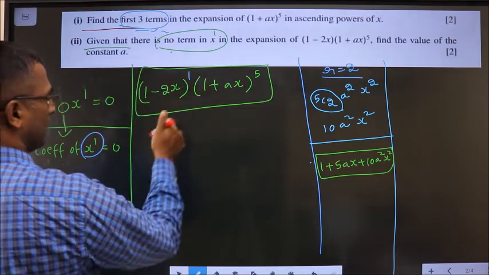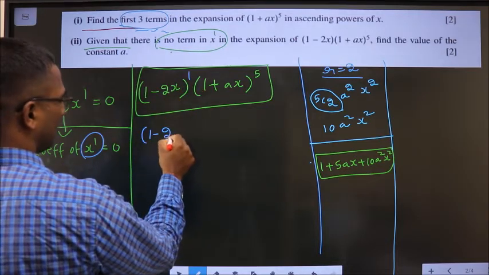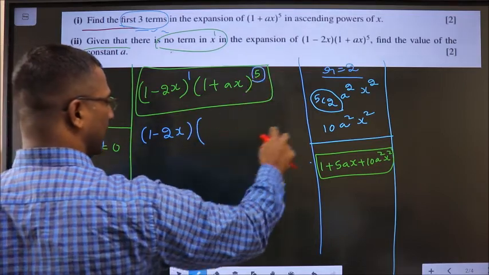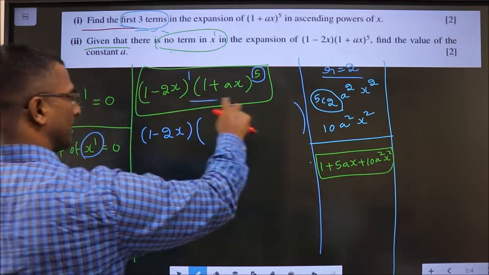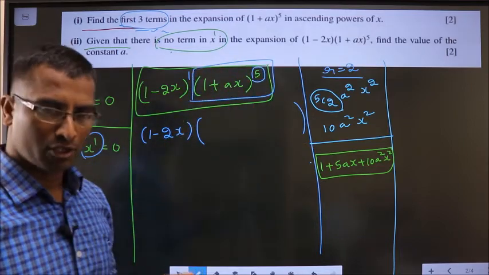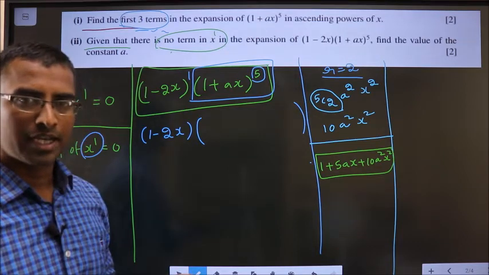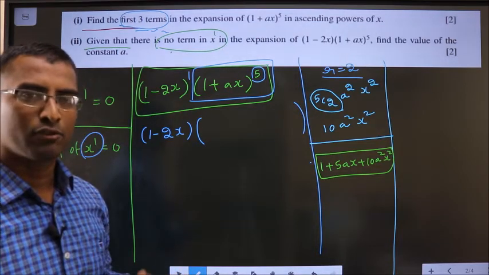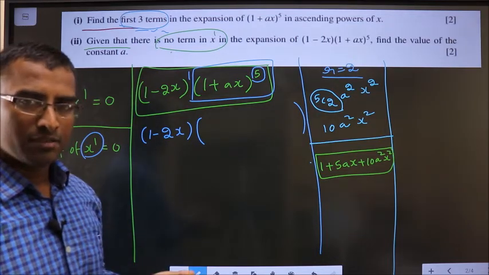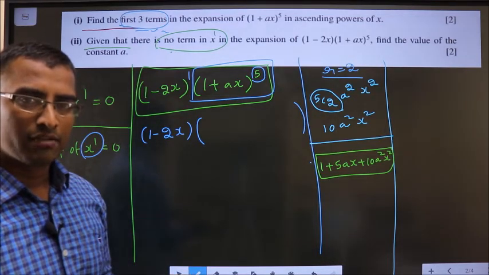Here the power is 1, so this bracket will not undergo any change. Here the power is 5, so I get many terms in this expansion. But I do not need to write all the terms. I only need to write the terms which lead me to the coefficient of x power 1.